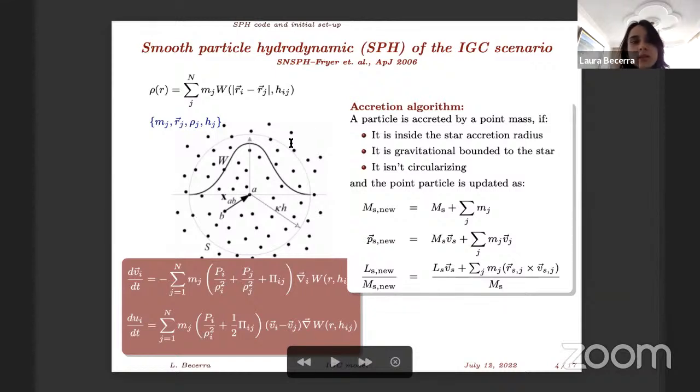These point particles interact gravitationally with the other particles of the fluid, but not hydrodynamically. These particles can also accrete other fluid particles if they fulfill three conditions: the particle is inside some accretion radius, it is gravitationally bound to the point particle, and it is not circularizing around the point particle. If a fluid particle fulfills these conditions, we remove it from the simulation and add its mass, angular momentum and linear momentum to the point particle quantities in order to conserve these quantities.